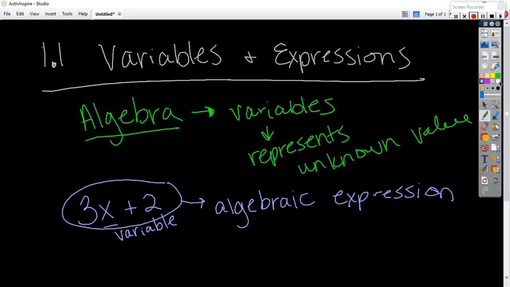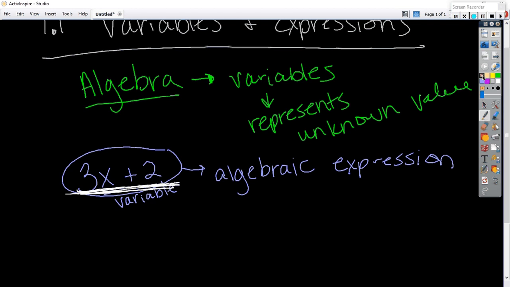Tell me in words what this is. If you had to tell somebody who'd never seen that before, give that to me in words. 3 times x, that's right. 3 times, how do you know it's times there?